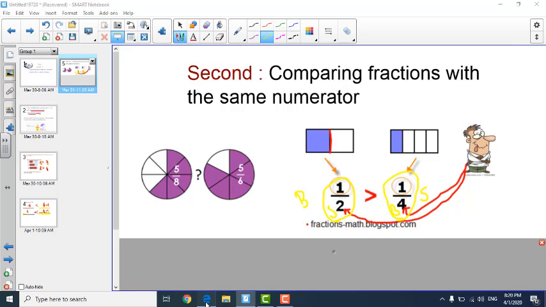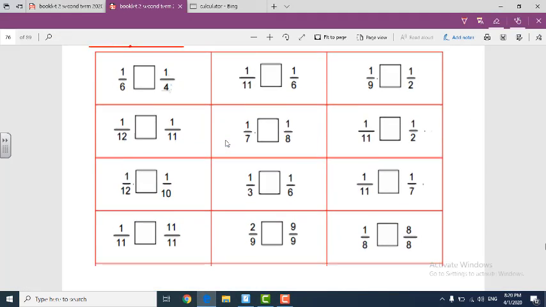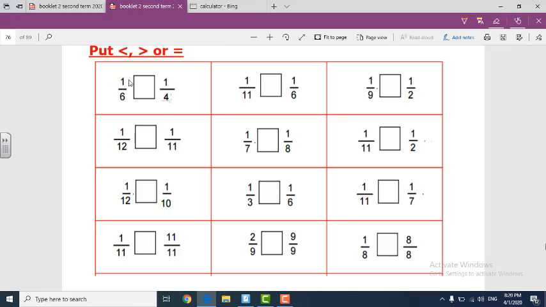Okay, in the booklet, here 1/4 and 1/6. Here 4 is a small number. Here 6 is a big number. But here I have the same numerator, so in the denominator we have a crazy man.